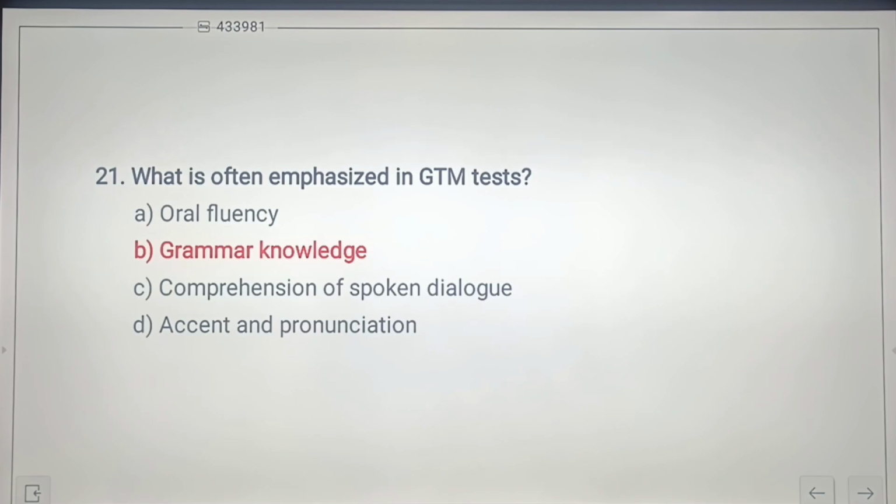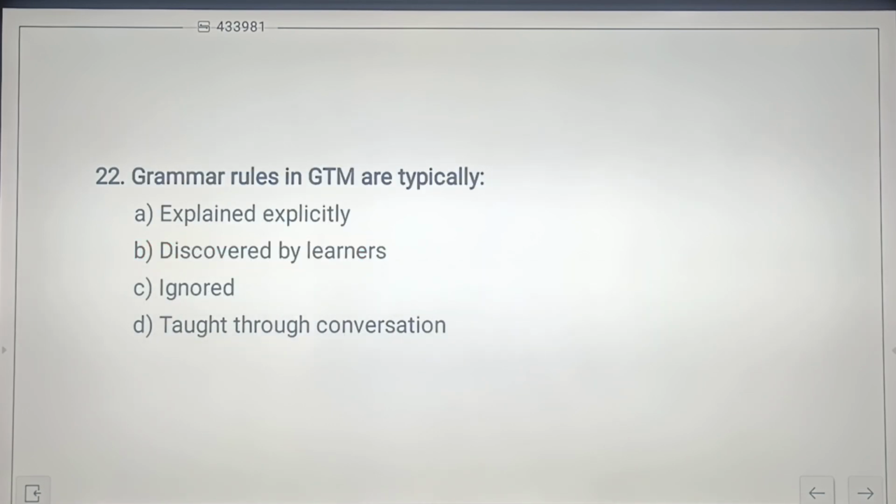It tests grammar knowledge. Next, grammar rules in grammar translation method are typically explained explicitly, discovered by learners, ignored, or taught through conversations. The right answer is A. Explained explicitly. Grammar rules are explained explicitly in grammar translation method.